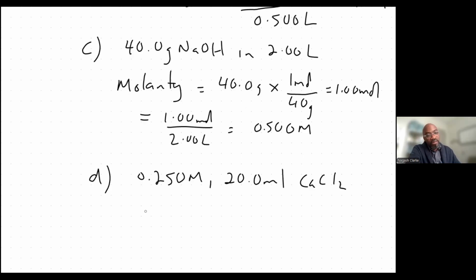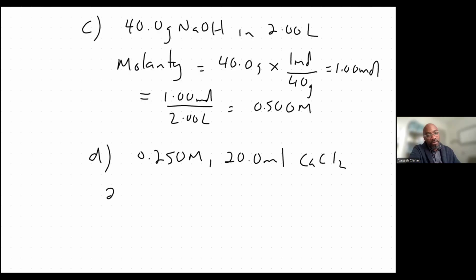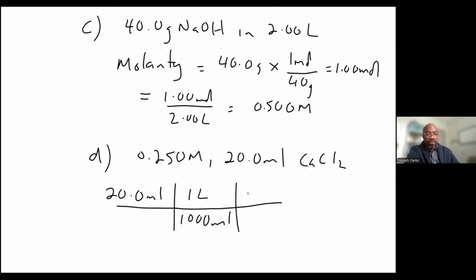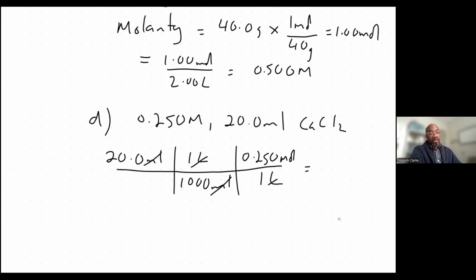I set up a conversion: 1 liter, 1,000 milliliters, and then 0.250 moles over 1 liter. See my units are canceling. That's 0.25 times 20 divided by 1,000.